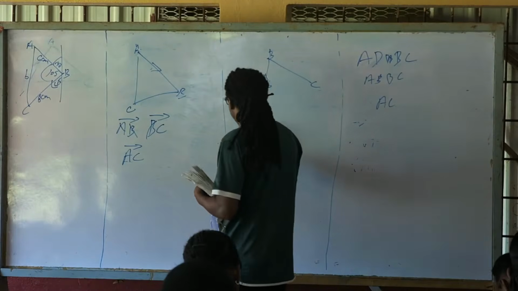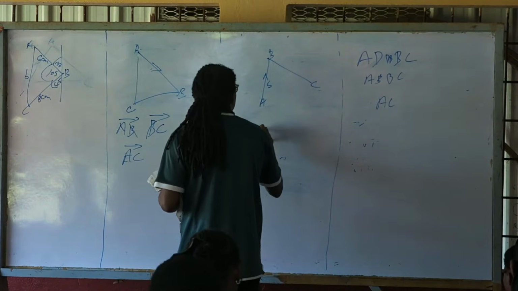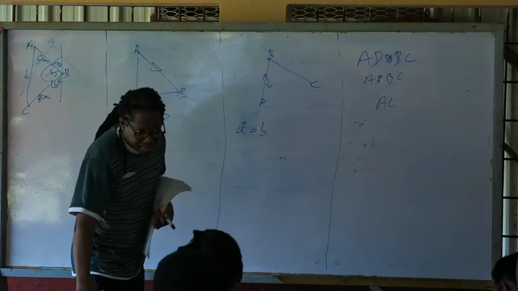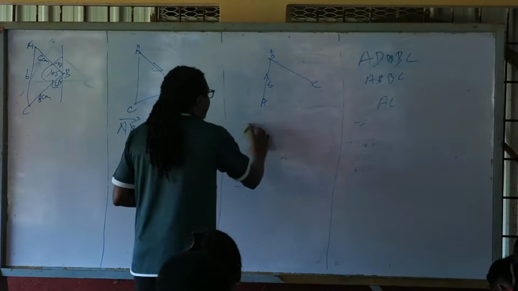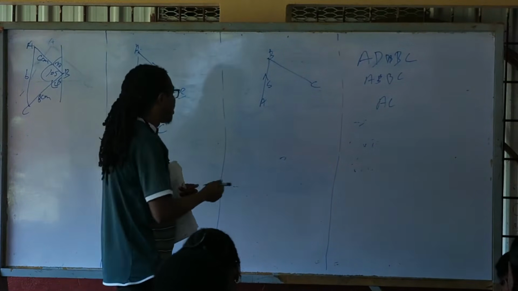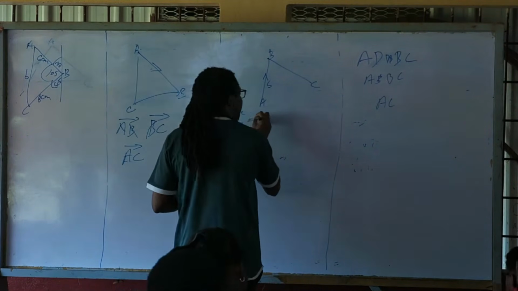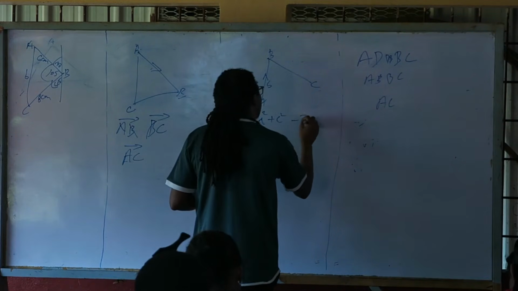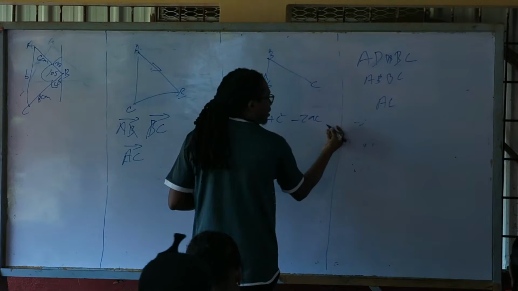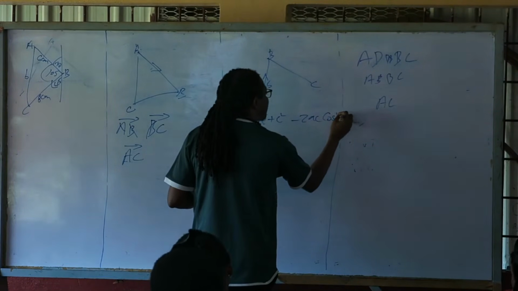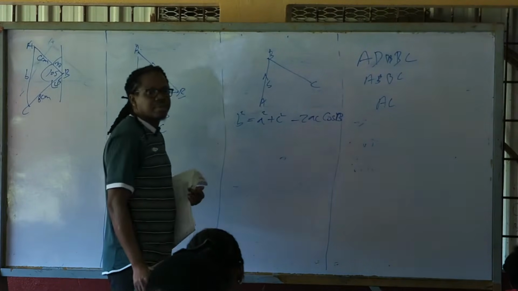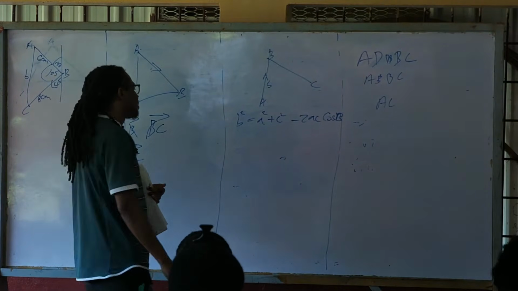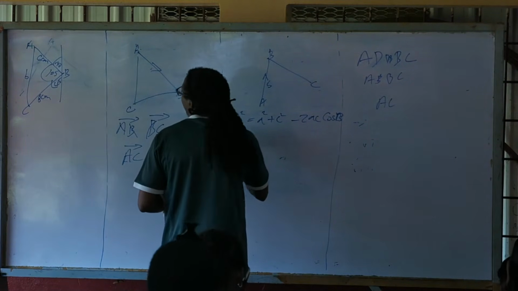B squared equals A squared plus C squared minus 2AC cos B. That means B squared equals A squared.